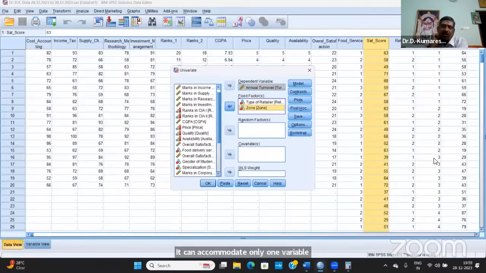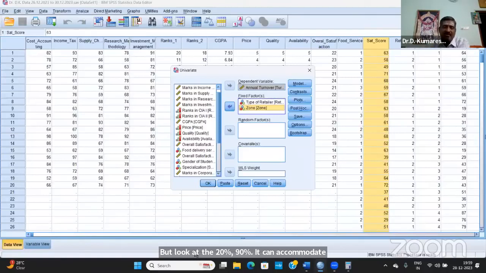And moreover, at the top of the box, it is mentioned as dependent variable. So only one dependent variable must be there. But look at the independent variable or fixed factor size. It can accommodate any number.